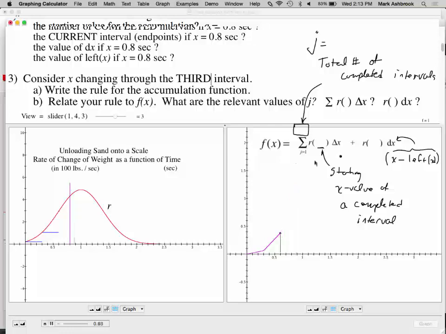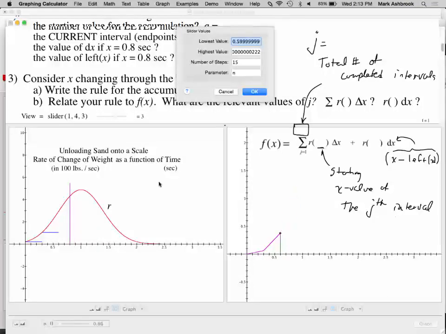So this sum is for all of the completed intervals. So it's really the starting x value of the jth interval, right? So as j changes, that's going to change as well. So it's the starting x value of the jth interval. So let's take a look at that. How do we get the starting x value of the jth interval?